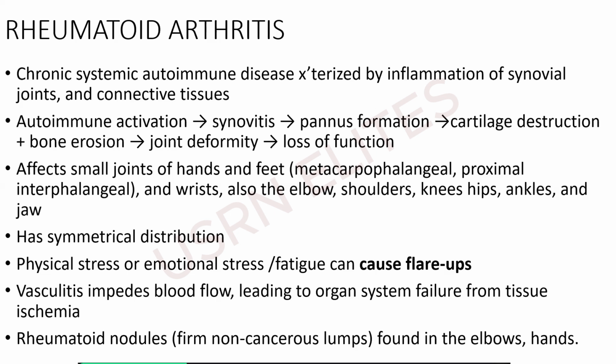Okay. So if there's an activation of the immune system, it causes an inflammation in the synovial joints. Okay, that is synovitis. And once the synovial membrane inflames, okay, eventually it will form what is called pannus. Pannus is just a structure that eats into the joints.